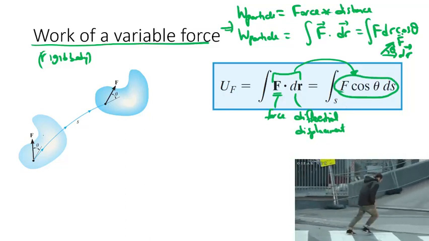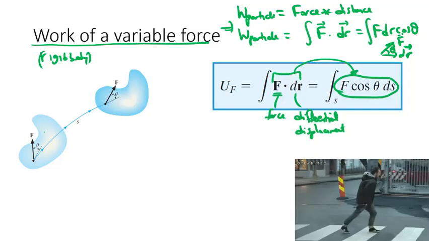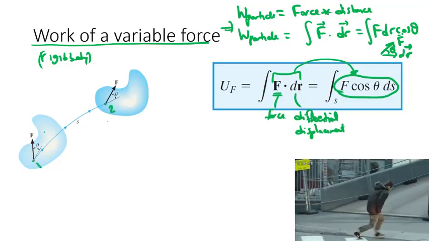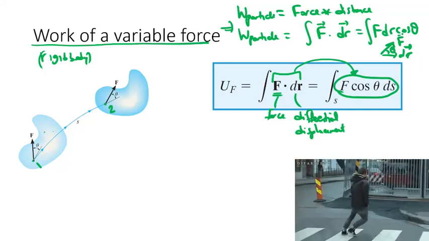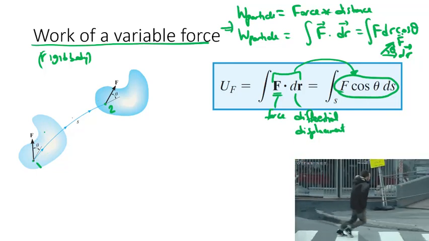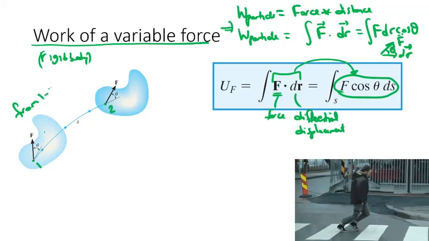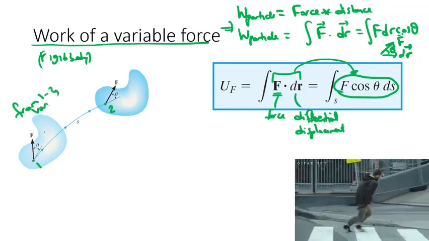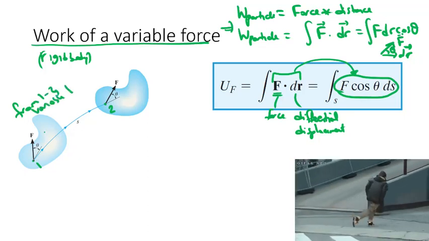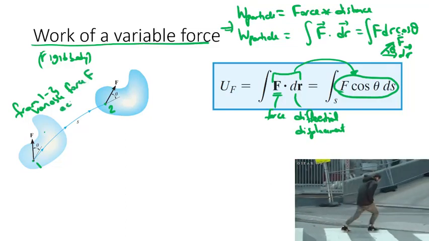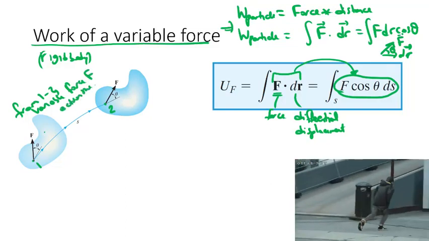You can see we have a rigid body that moves from point 1 to point 2, and during that motion we have a variable force F acting on the body.